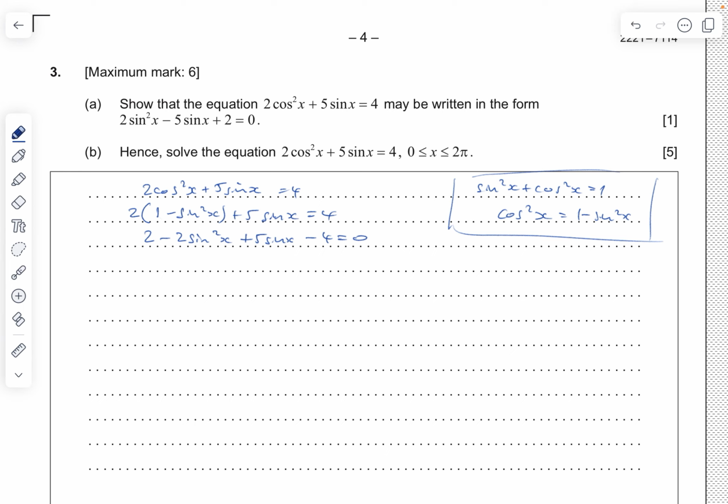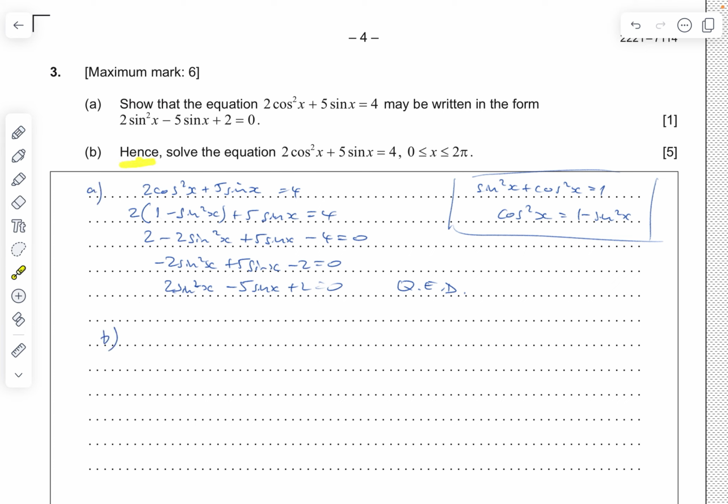Therefore I get negative 2 sine squared x plus 5 sine x plus 2 subtract 4, which is subtract 2, equals 0. Multiplied by negative 1: 2 sine squared x subtract 5 sine x plus 2 equals 0. Quod erat demonstrandum. Part A is done.